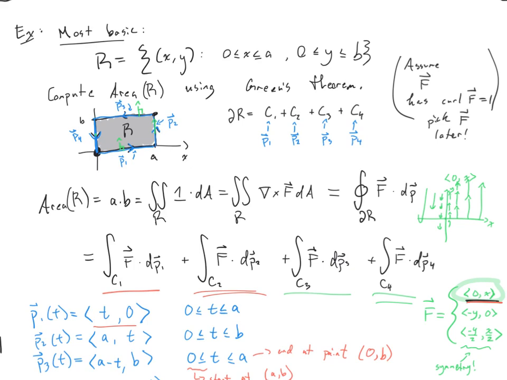The vector field is 0 because I'm on that y-axis where x equals 0, and so the vector field is just 0, 0. So you're dotting with the 0 vector. So just by looking at this picture, I already know that this integral over the boundary is 0 on the bottom face, the top face, and the left face, and the only place where it's non-zero is on the right face, and that agrees with our description below.